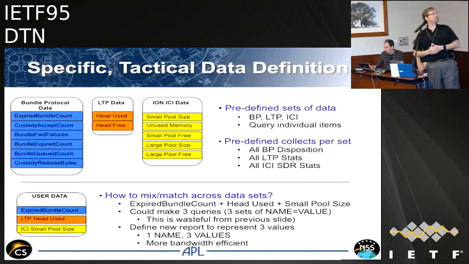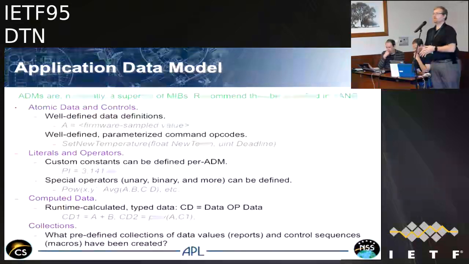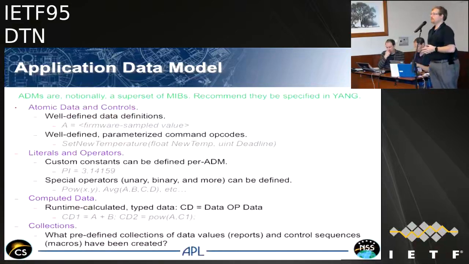Next slide. So how do we start specifying this information? Many people are familiar with the MIB model, which is very well named data. We came back and added a couple of other items and some syntactic sugar to this model. One of them, we called it the application data model, or the ADM, simply to differentiate it from the MIB because they're different.